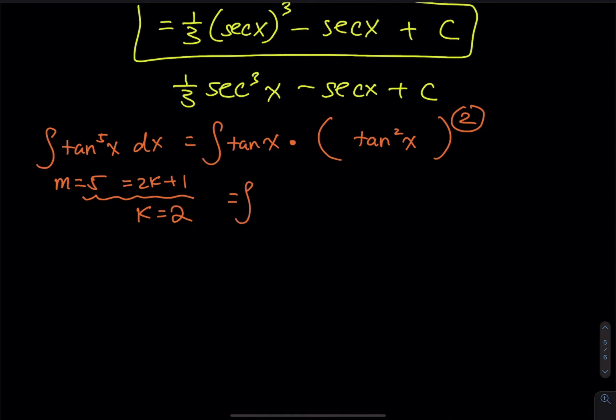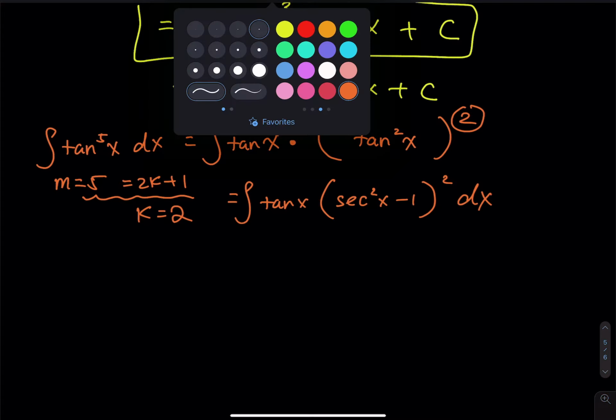The next step, we will have to rewrite the tangent square into secant square x minus 1, and then the square is still there, dx. And then the secant square minus 1, if you let u equal this, I will just do that in a different color.